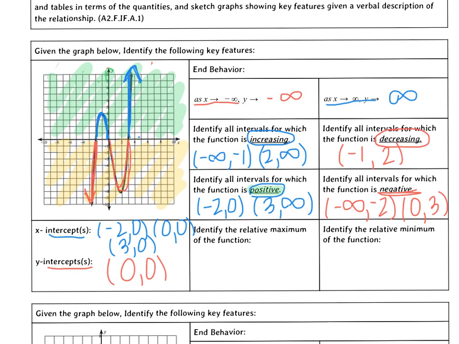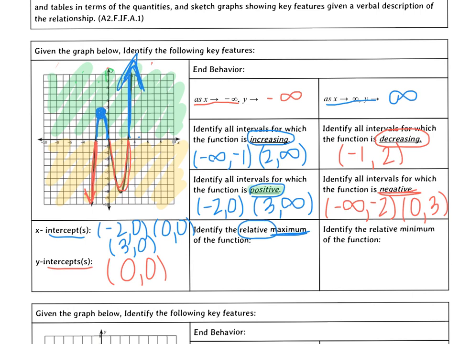Alright, so I have one last task that I need to do, and that is to identify the max and min of the function. So remember that the maximum represents the highest point of the function. And it's relative because we know that this thing goes on and on forever, right? So the maximum is going to be this point right here.